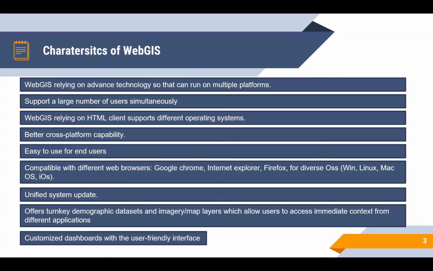Better cross-platform capability. What is the meaning of cross-platform capability? Let's suppose you are developing one application and you want to run it on the Windows platform. Definitely you can develop an application which will run on Windows.